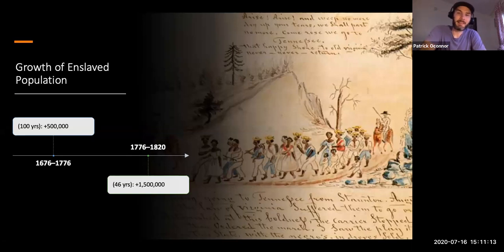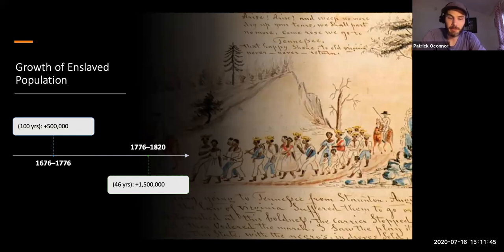Between 1676, the year of Bacon's Rebellion, and 1776, the year of the Declaration of Independence, it's a century, obviously, the slave population in mainland North America grew to about 500,000 people. That's 100 years, 500,000 people. Between 1776 and 1820, which is 44 years, and I wrote 46 there. I promise that it's 44. I don't know what I was thinking.